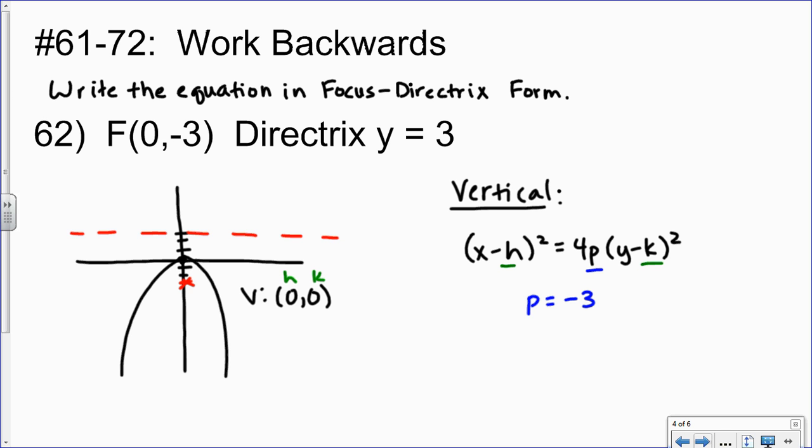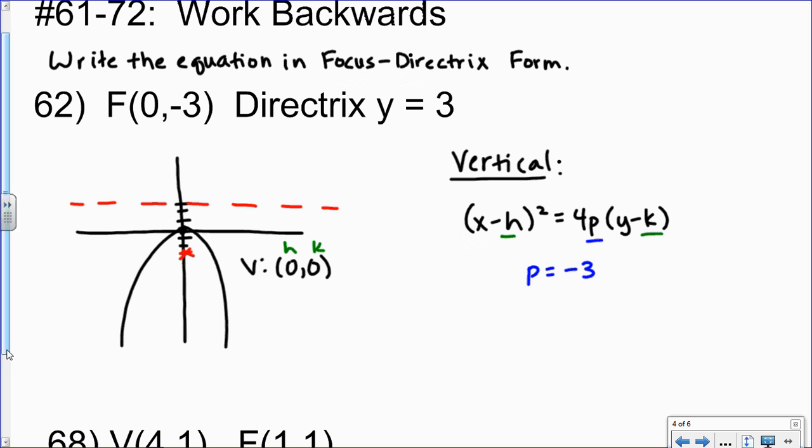Yeah, sorry. This should not have a square. One square term, thank you. X minus h squared, there's your square term. And then this over here is not squared. Yeah, thank you. Okay. So now we can write our equation, and then we'll just simplify it.